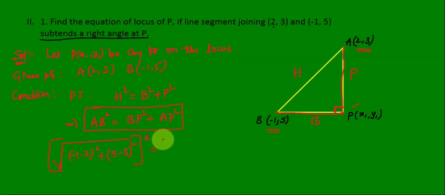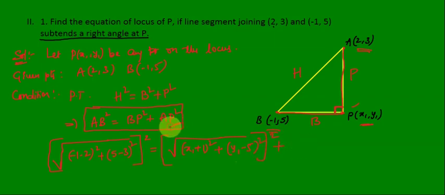That will be equal to BP square. Same formula. Here B is (-1, 5) and P is (x1, y1). So (x1 minus of minus, this will become plus 1) square plus (y1 minus 5) square, right?